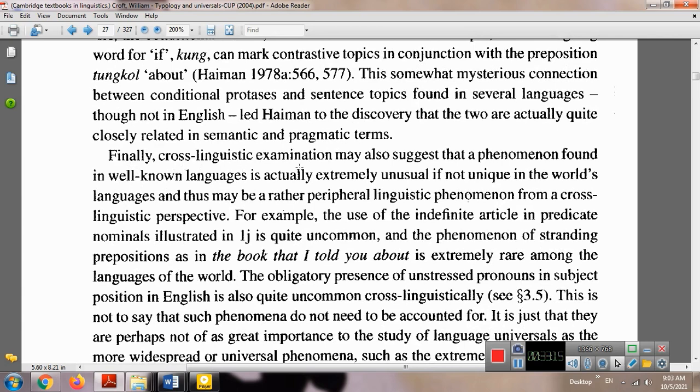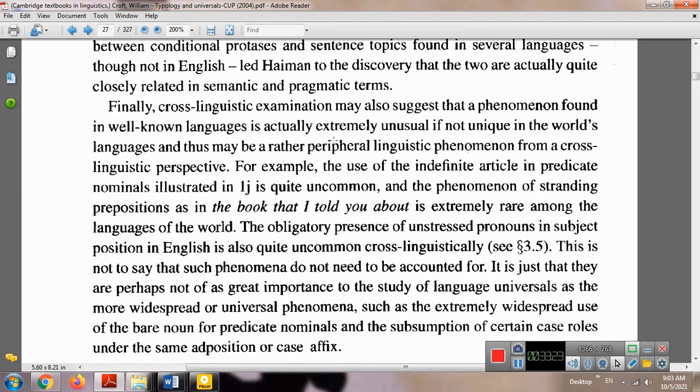Finally, cross-linguistic examination may also suggest that a phenomenon found in well-known languages is actually extremely unusual, if not unique, in the world's languages, and thus may be a rather peripheral linguistic phenomenon from a cross-linguistic perspective.